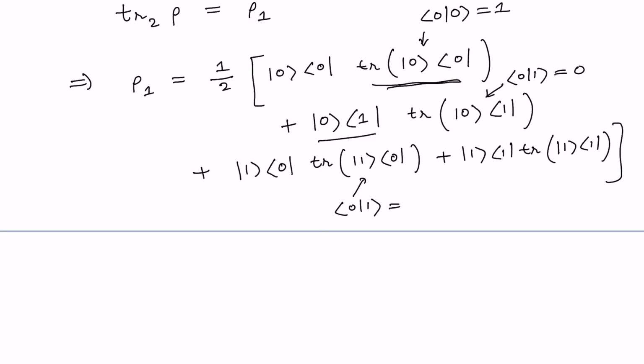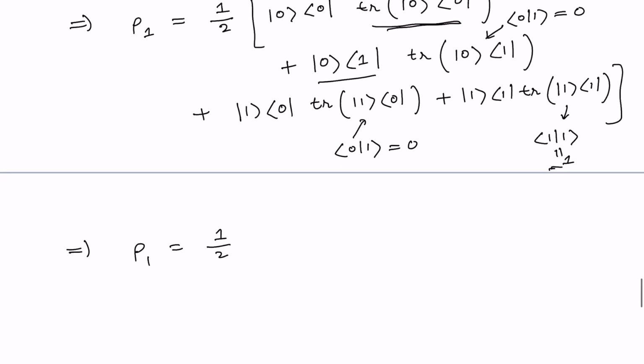This is also orthogonal, so it gives the number 0, and here I have the scalar product 1 1, which gives me 1. So I am going to have only two non-zero elements, and therefore rho 1 is equal to 1 half, ket 0 bra 0 plus the last element ket 1 bra 1.